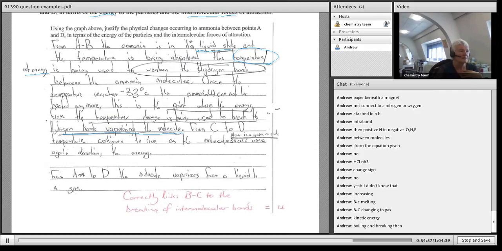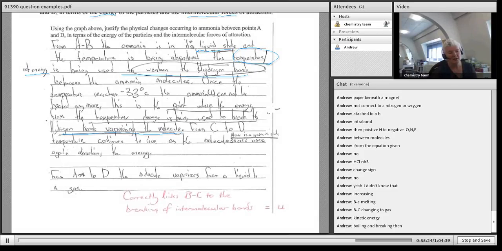So what they said here is to weaken the hydrogen bonds. As I say, remember, that bit is not really happening when you are still heating. I mean, some will be broken, obviously, but the main force is in building up the kinetic energy of the molecules. And that's why, as you add heat, the temperature goes up.